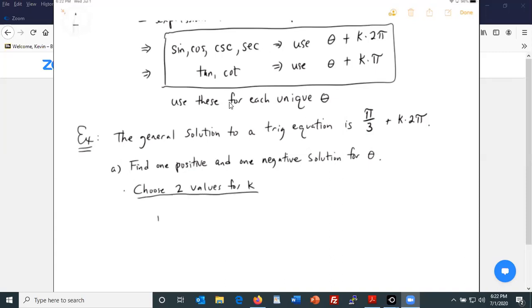All right, so let's start with our first value of k equals 0. That's always a nice number to start with because you don't have to worry about the second part. So you would get theta equals pi over 3 plus 0 times 2 pi, which is pi over 3. And since that's positive, there's my positive answer. Remember, 0 times 2 pi is 0, gone.